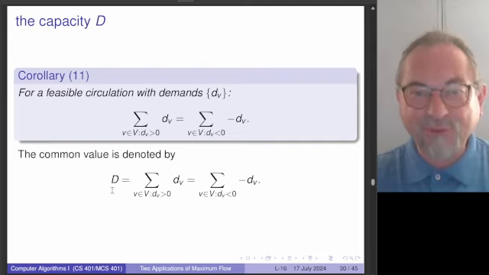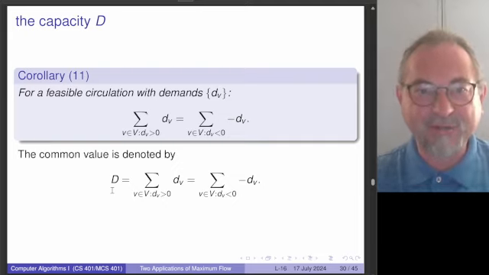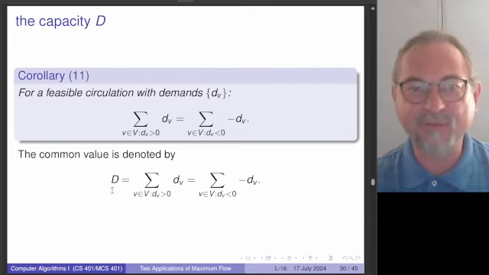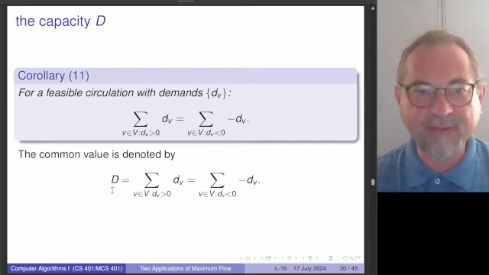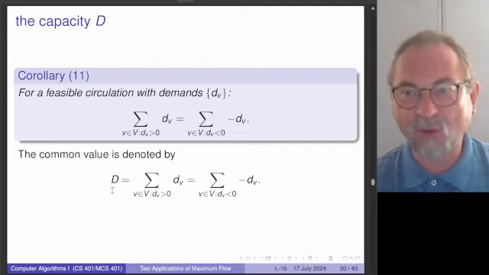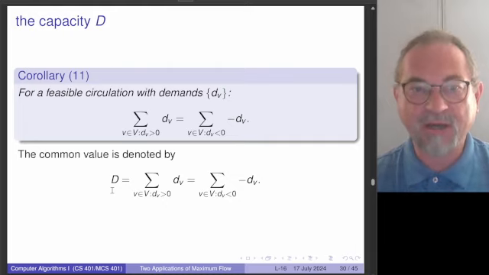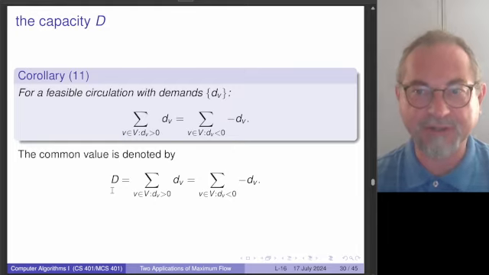Okay, so the consequence of this, the corollary, is actually more important. In some sense, supply equals demand. If we sum up all the positive demands, the true demands, then this must be compensated by all the negative numbers, which are actually the supplies. So they must cancel each other out by the previous statement.